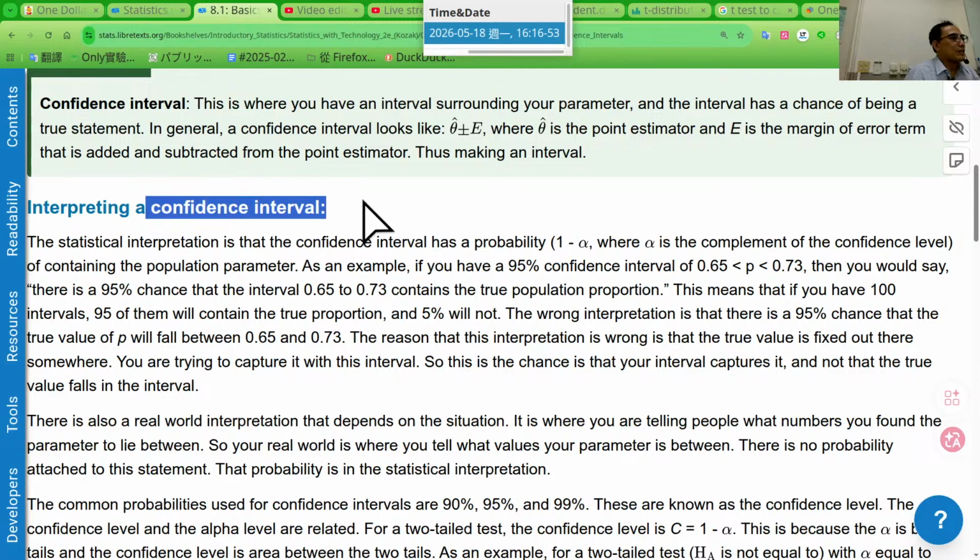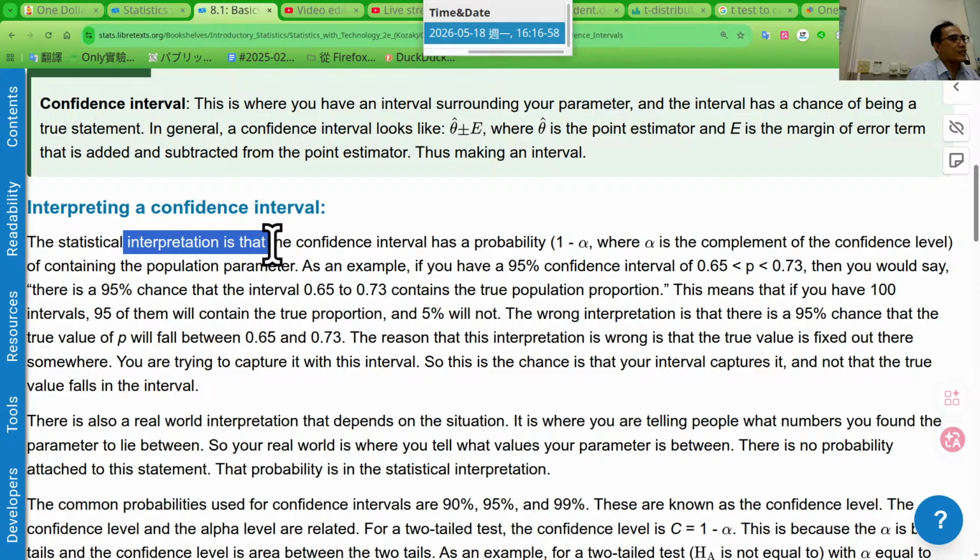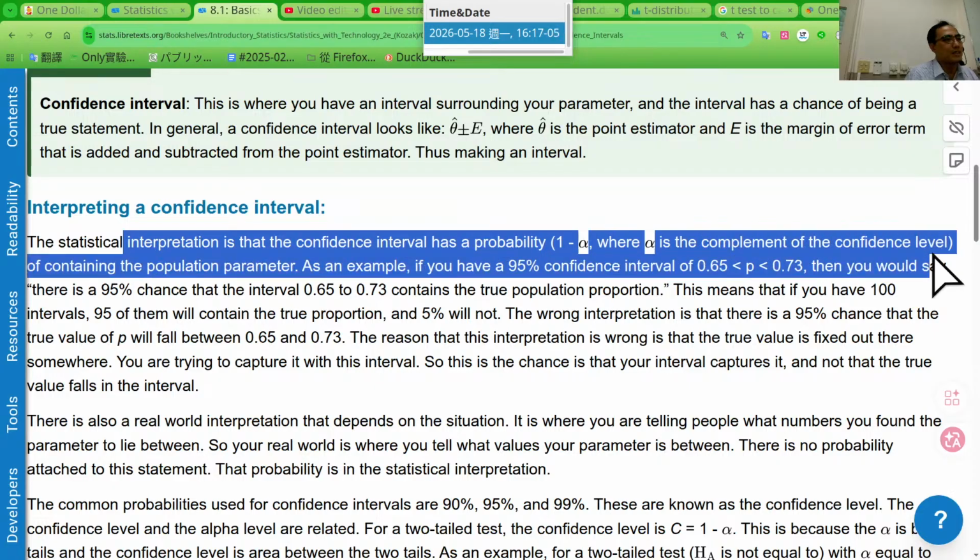Interpreting a confidence interval. The statistical interpretation is that the confidence interval has a probability 1 minus alpha, where alpha is the complement of the confidence level.